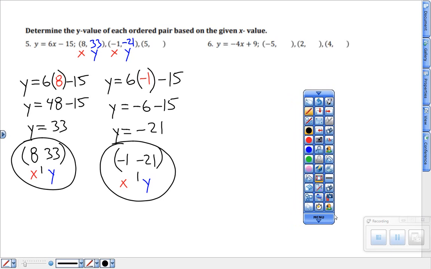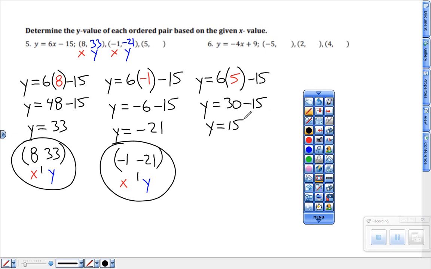All right, last one for this. You got y equals 6, and where that x is, I plug in 5. Gives me y equals 30 minus 15, which I believe gives me 15.